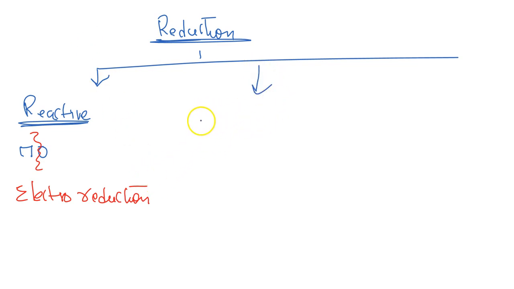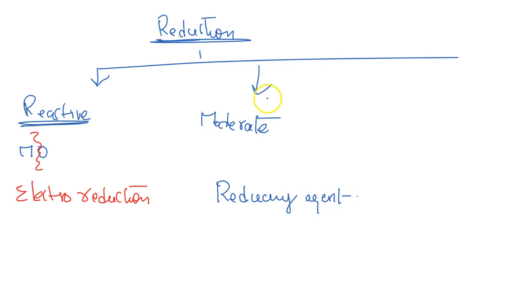If you are having the metal which is moderately reactive, then you would not need so much of energy, or you don't need so much of electricity or so much of power. Then what do? You can simply use a reducing agent. Reducing agent is what? Note down the definition of reducing agent if needed.